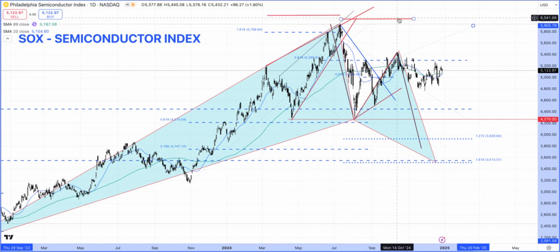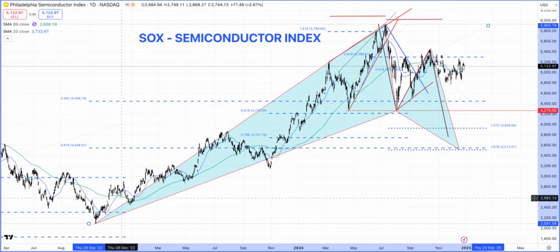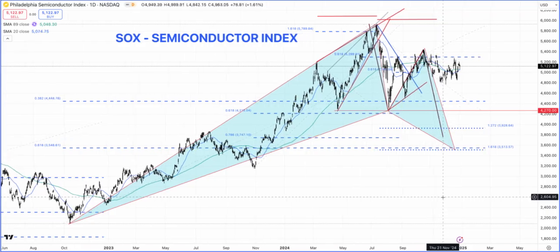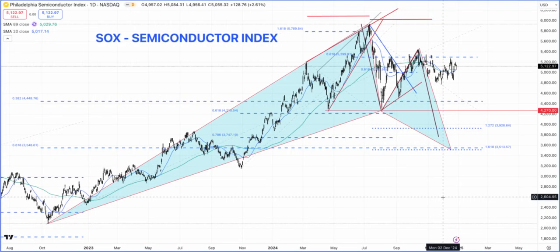Otherwise, we could have this head and shoulders in place, and we could be looking at an ABCD move, which could see the index move lower to about 35,000, where there is going to be very strong support coming in at the 61.8% retracement of this low to these highs, and we'll have a 1.618 expansion of an ABCD right here. So we're going to have a very strong pattern once it gets there.